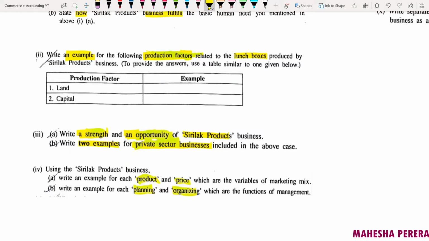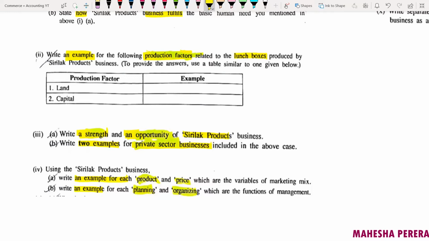Using the Cyrillac products business, write an example each for product and price, which are variables of the marketing mix. Then write an example for each of planning and organizing from the above case.